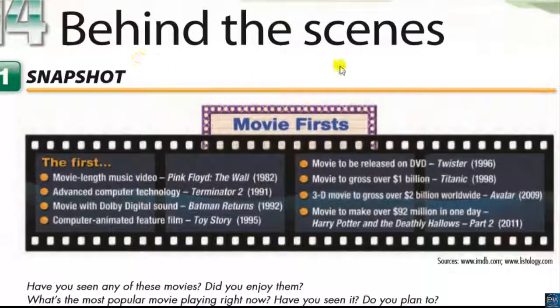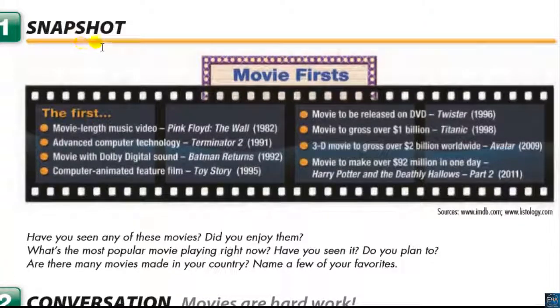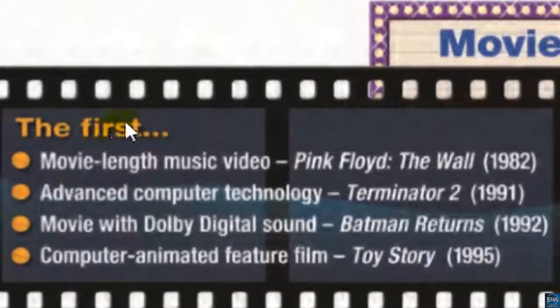Unit 14, Behind the Scenes. Exercise number 1, Snapshot: Movie Firsts. In this exercise we have the first made movies. The first movie-length music video: Pink Floyd, The Wall, 1982. The first to use advanced computer technology: Terminator 2, 1991. So that was the first movie made by using advanced computer technology. When was it made?